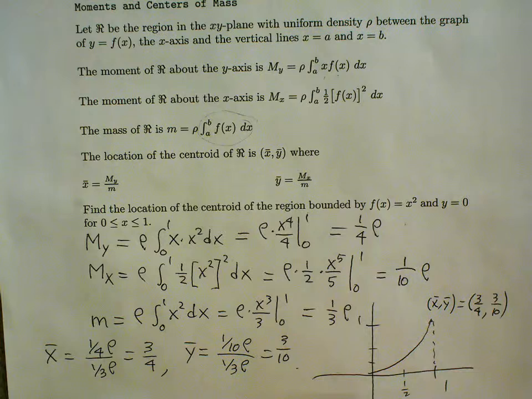If we did it correctly, x equals 3/4 is about right here, and 3/10 is right in there. So at least we got a point that's in the region, which is a pretty good sign. That looks like it could be the center of gravity for that region.